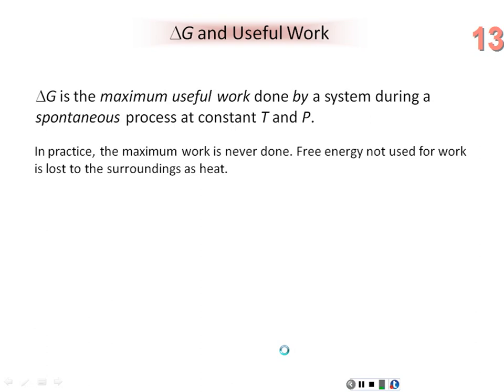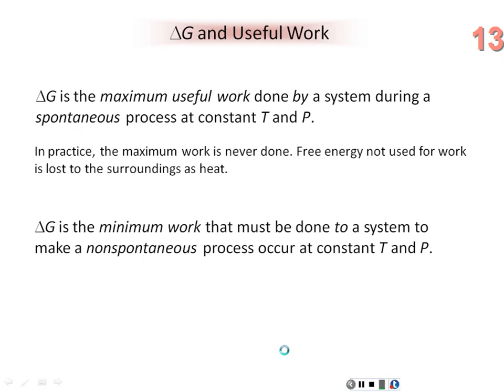Free energy not used for work is lost to the surroundings as heat. If you want to think about a non-spontaneous process, the delta G for a non-spontaneous process is the minimum amount of work that must be done to the system to make that process occur.